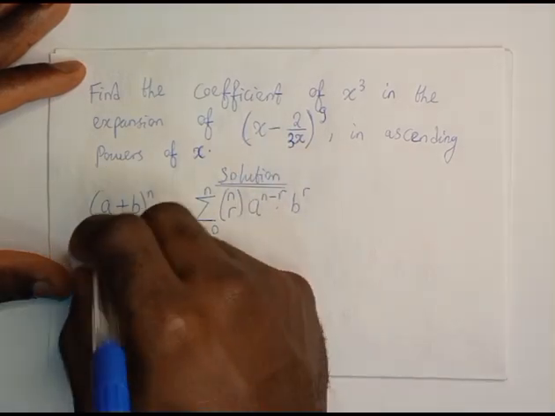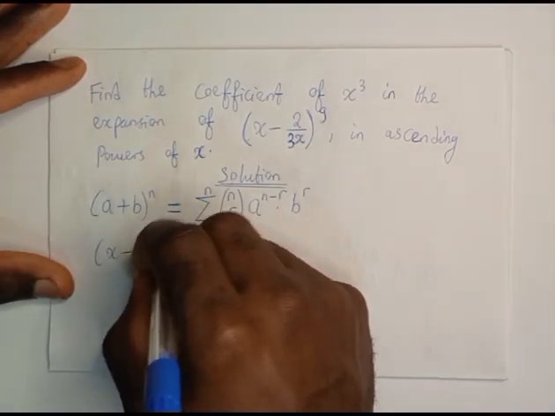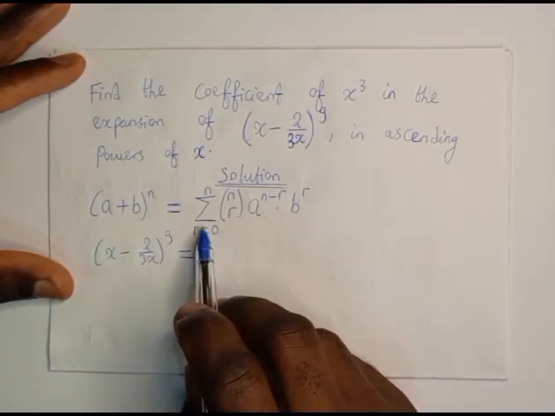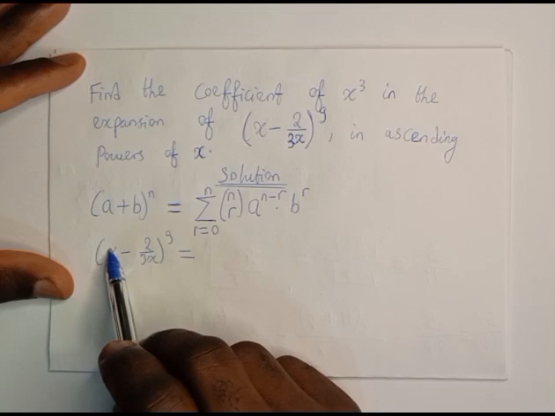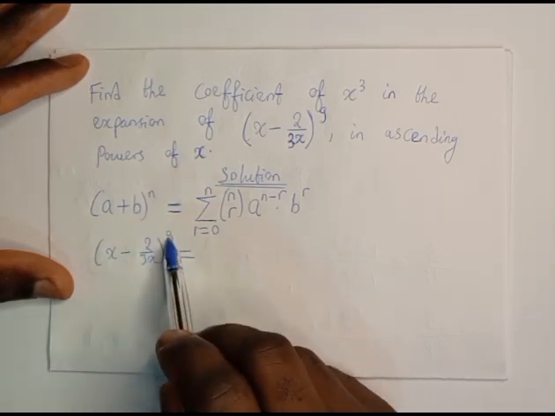If we take down the problem, we have (x minus 2 on 3x) all raised to the power 9, and this will be equal to, applying the binomial theorem, a is x, b is negative 2 on 3x, and n is 9.